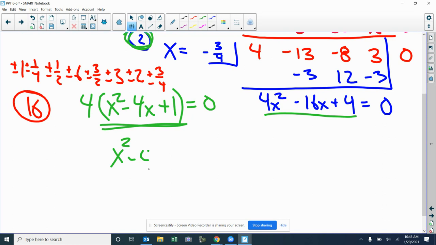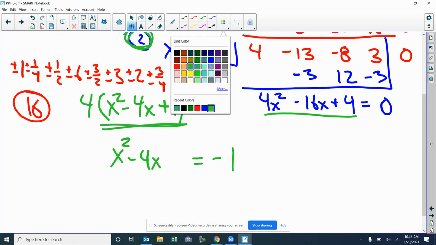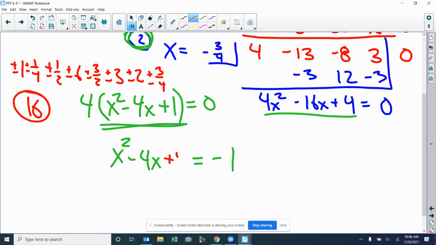X squared minus 4x. I'm going to take that 1 to the other side. It's going to become negative over there, isn't it? Middle term's 4. Half would be 2. Squaring would be 4. So I'm going to add 4 to the other side. None other than a perfect square trinomial. Always x.